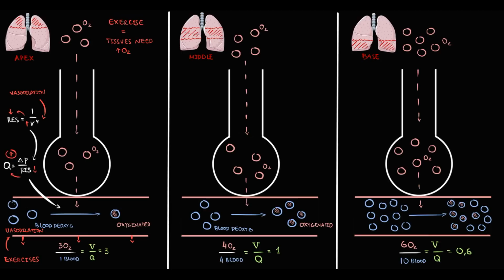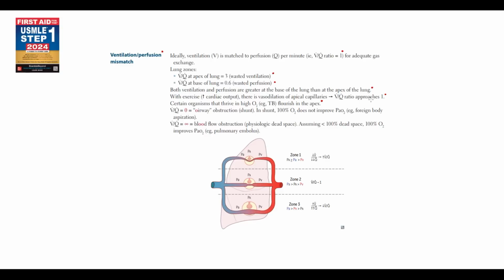So, vasodilation provides additional units of blood to pick up oxygen molecules, and by this we can increase the amount of oxygenated blood, and thereby we can increase oxygen delivery to the tissues. So now there will be 3 units of oxygen for 3 units of blood, which gives a VQ ratio of 1, which is basically the ideal scenario.